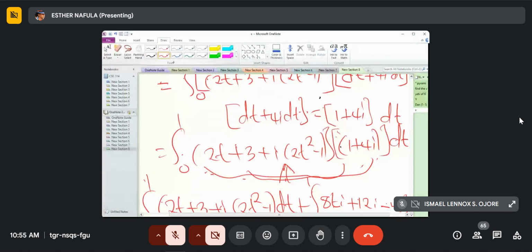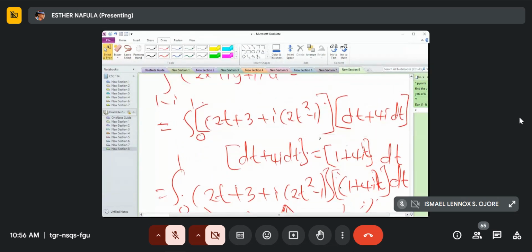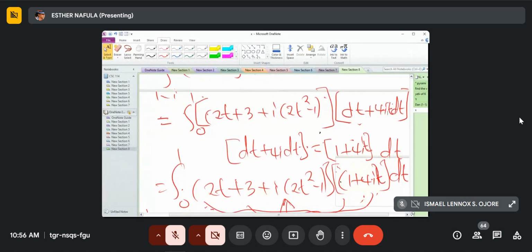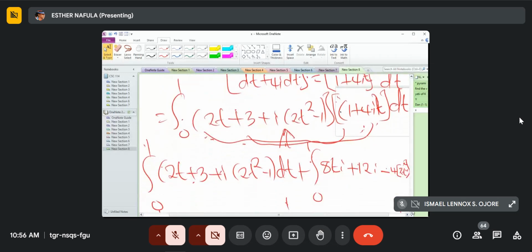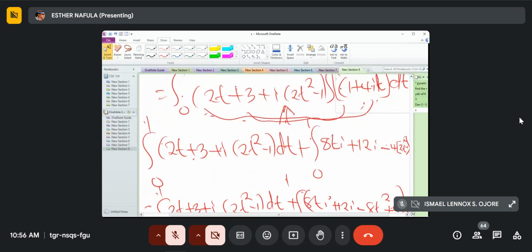Wait. This is 4it. There's supposed to be a t here. So that means when doing the expansion, the second part should have an extra t, 4it, not just 4i.